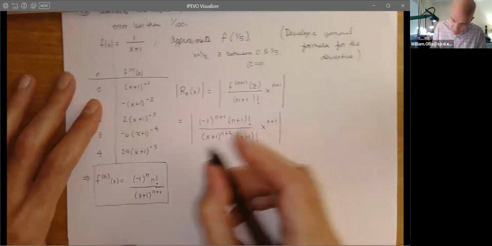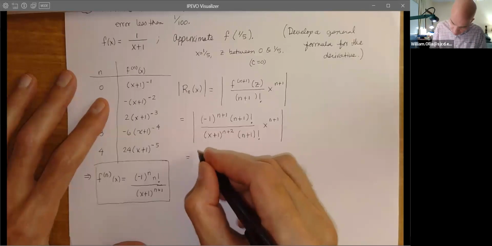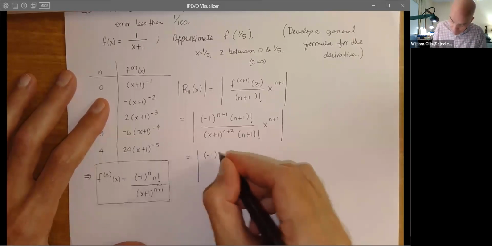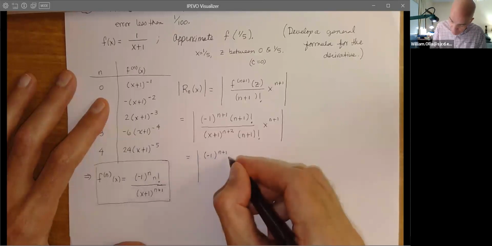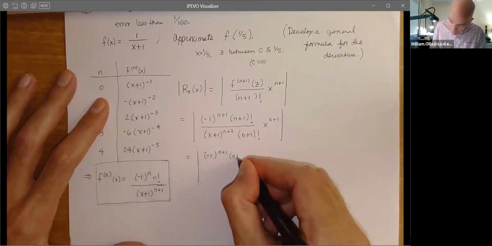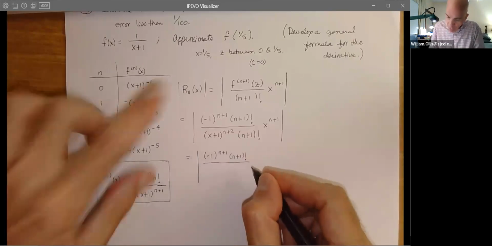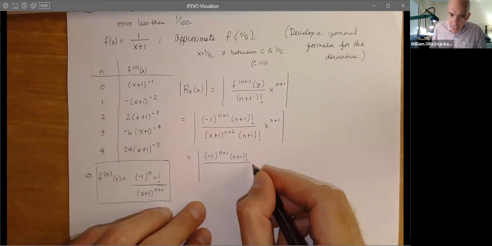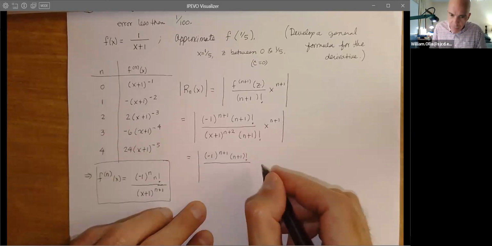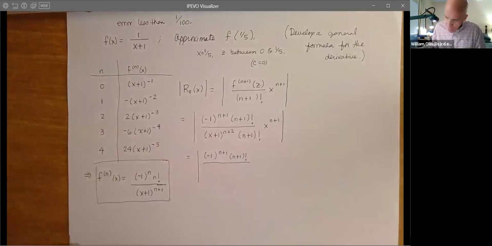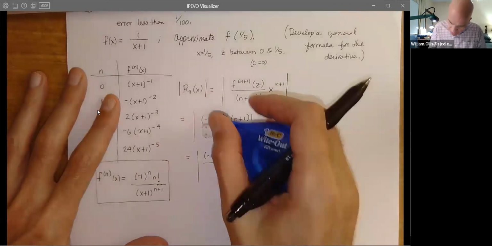Now let's fill in the x's. So we have negative 1, n plus 1, n plus 1 factorial. And then we have 1/5. Notice here, this is a z.